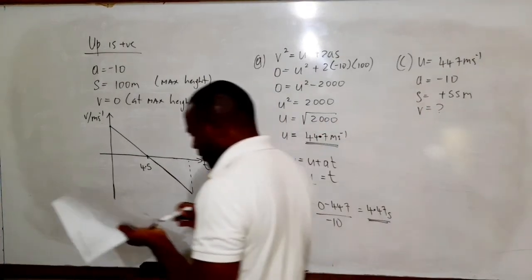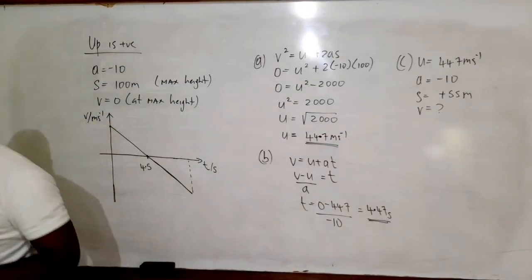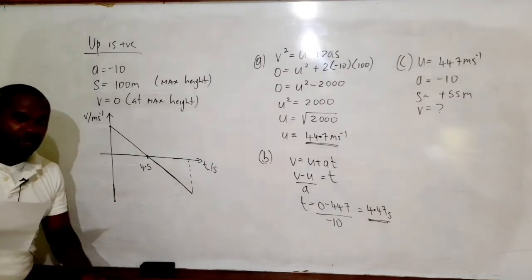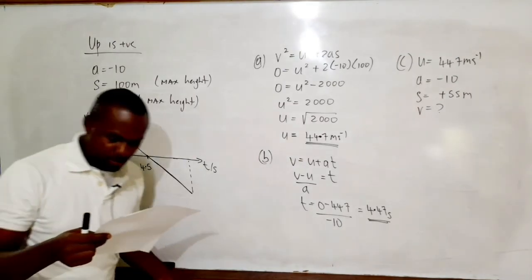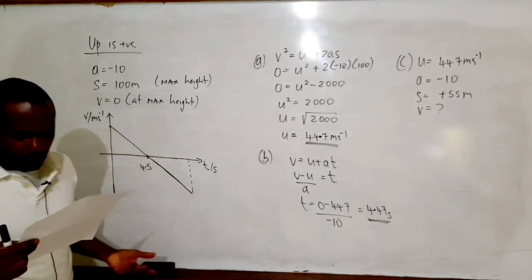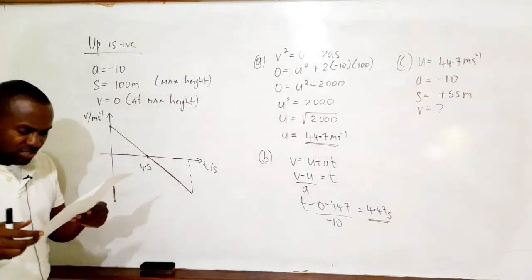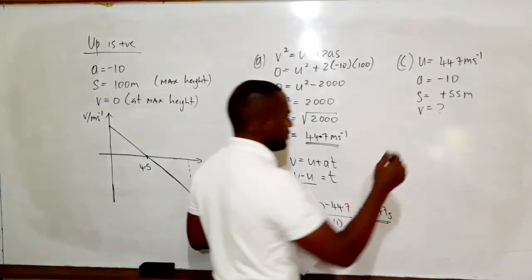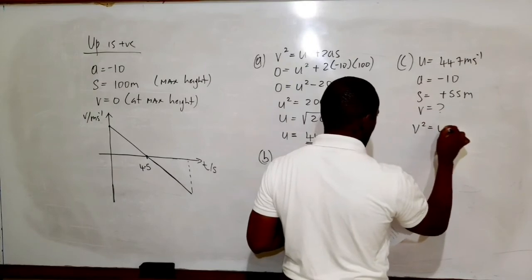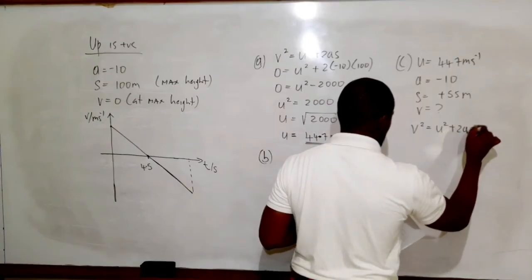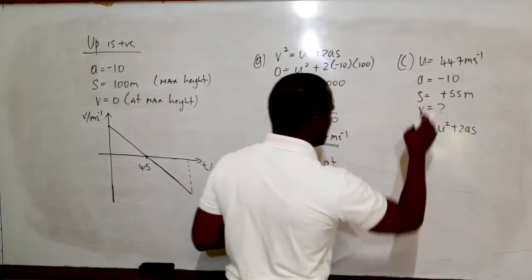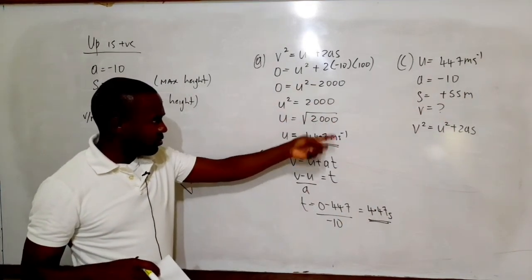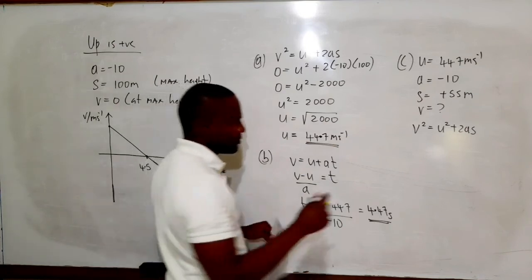Now we're told it is moving upward, and so when we calculate the velocity, we can actually assign a sign to it. Because we're talking about the upward direction being positive, when we calculate the velocity, it should be a positive value. So use the equation V squared is equal to U squared plus 2AS. So U is equal to 44.7, but of course we square rooted 2000 to get that, so U squared is just going to be 2000.